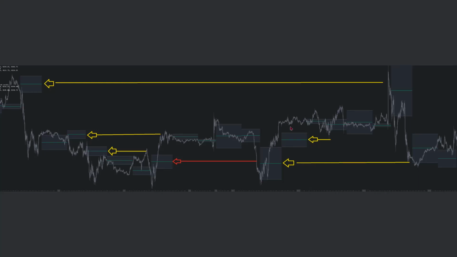So as with any structural element, determining which side initiation takes place is crucial for capitalizing on this, but specifically for rebid and reoffer opportunities. So allowing price to either target into an untested pivot, find two-way trade, and then show its hand, find the initiation, get on board with either a rebid or reoffer opportunity, you're going to see interaction like this across the board with your planning charts.